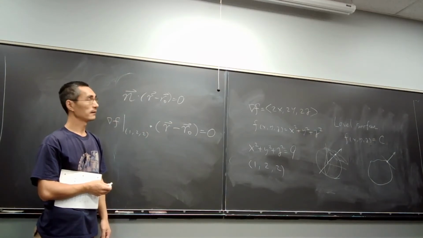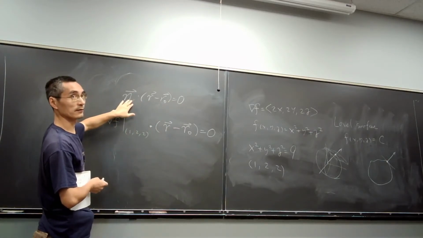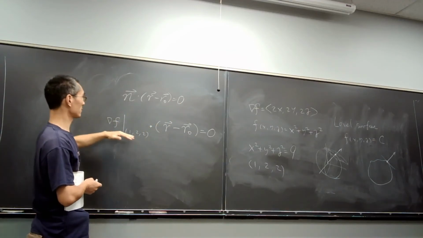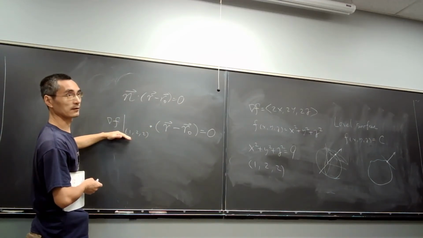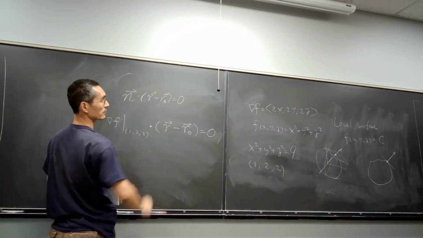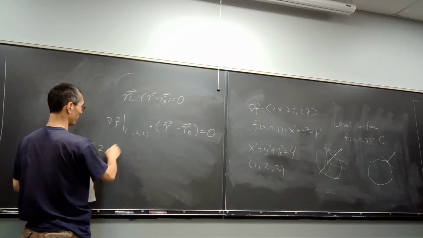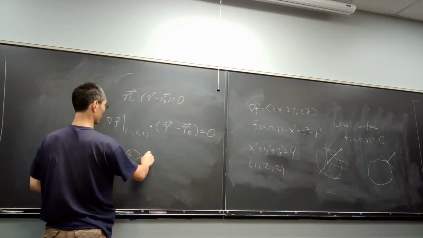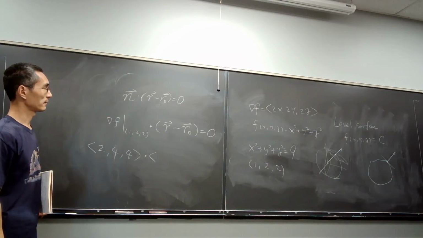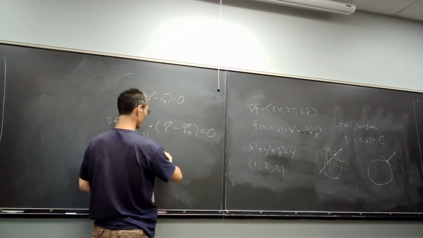Because there is 0 on the right hand side, we don't need to normalize n, since normalizing means dividing by a constant. So you can just plug in this gradient directly. Take its gradient, 2x, 2y, 2z, then plug in 1, 2, 2. What do you get? You get 2, 4, 4. Then you take the difference between r and r naught. r is x, y, z, and this is 1, 2, 2.